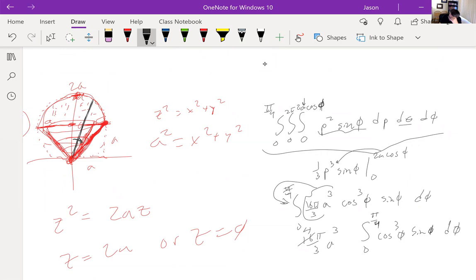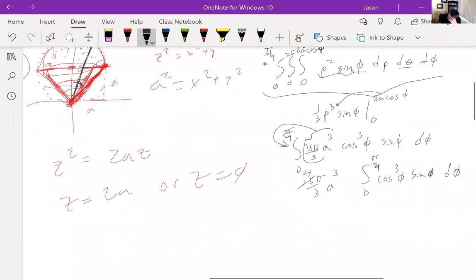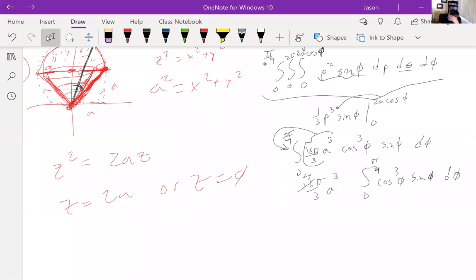Plug in 0 is nothing. So cosine cubed. Yep, that's a cubed. And then integrate with respect to theta. There's no thetas, so that's 2 pi over 16. Okay, I should be able to pull that out.